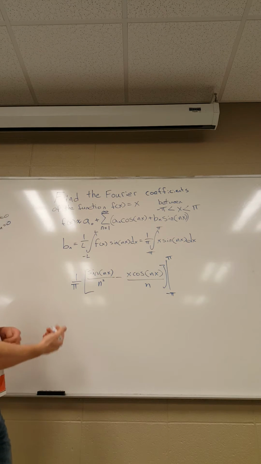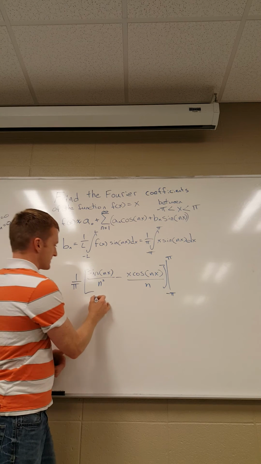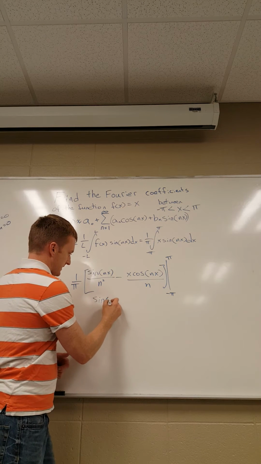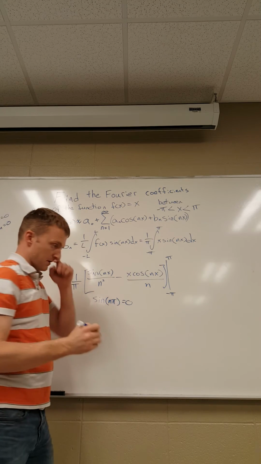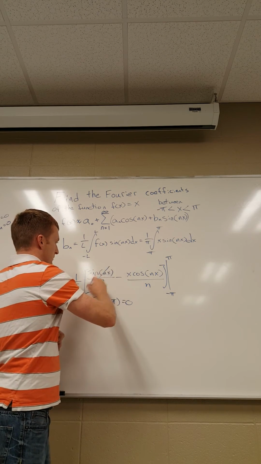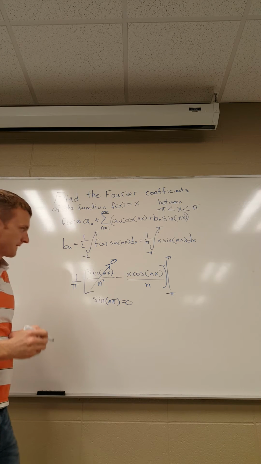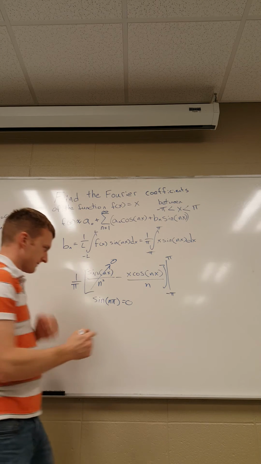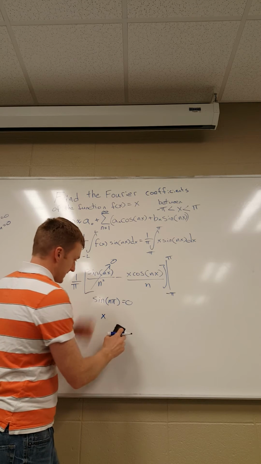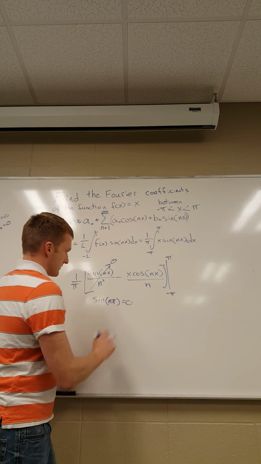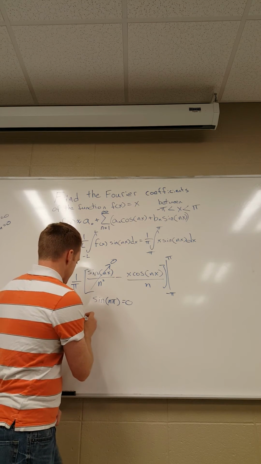Again, back to what we said earlier, when we plug any pi into sine, we'll always get 0. So we'll just mark that out as being 0. We'll work out the cosine again. So x cosine nx, keep in mind the negative sign on the outside.